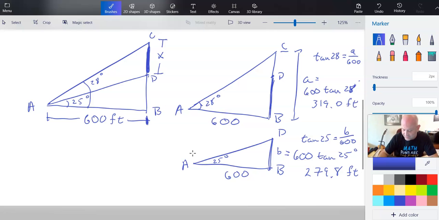Okay, so now that we have the two measurements, all we have to do is subtract them. We know the whole thing from B to C is 319, and then from B to D, that's the part we have that's too much. It's this amount. So if we subtract those, I'm just going to use the calculator.